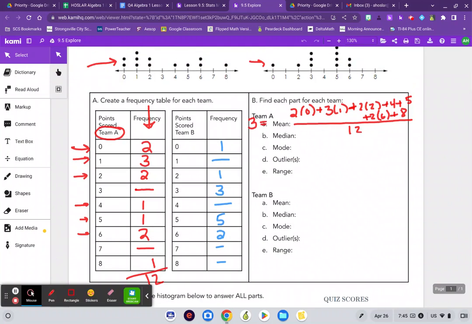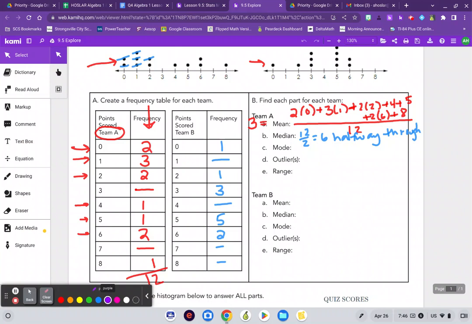My median would be the number that's in the middle. If I have 12 pieces of data and I want to find the halfway, that's 6. So if I come up here, I'm going to count 1, 2, 3, 4, 5, 6.